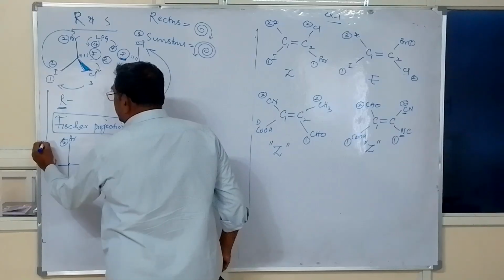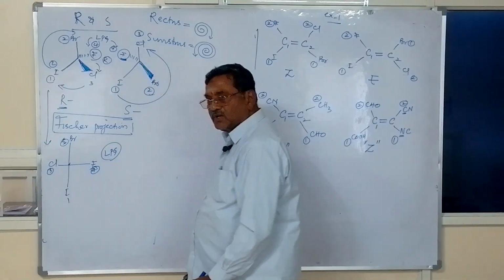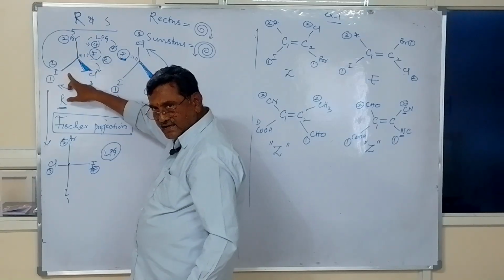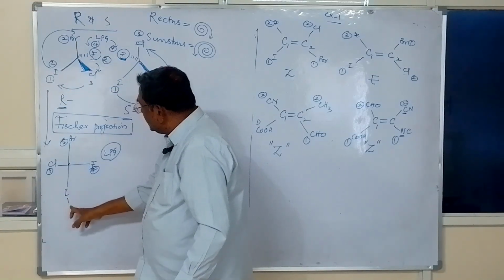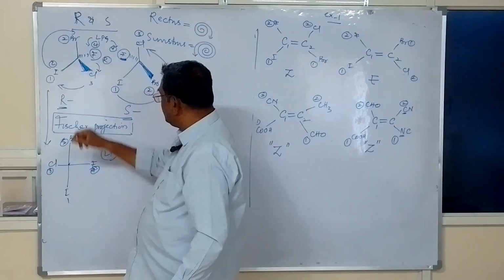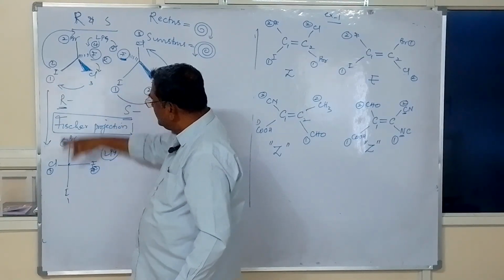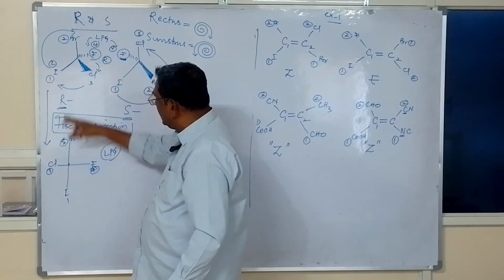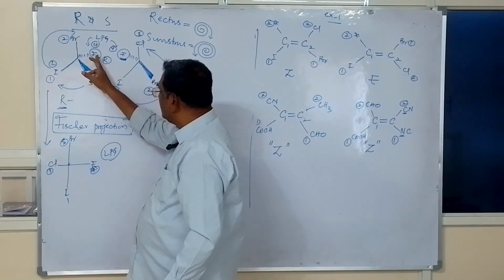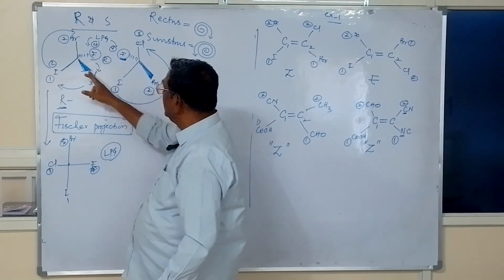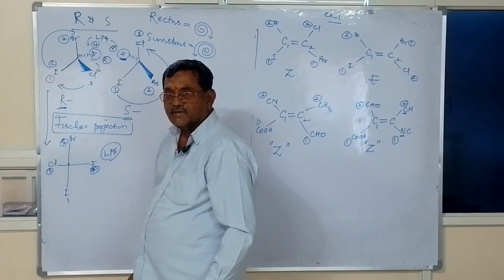I have written the Fischer projection formula for this. When these are on the two-dimensional line, that will be written on vertical in the Fischer projection formula. And after that, what you have written on the vertical line, if the dash one is on right hand side, you should write on right only. But chlorine wedge is going to be written on left.